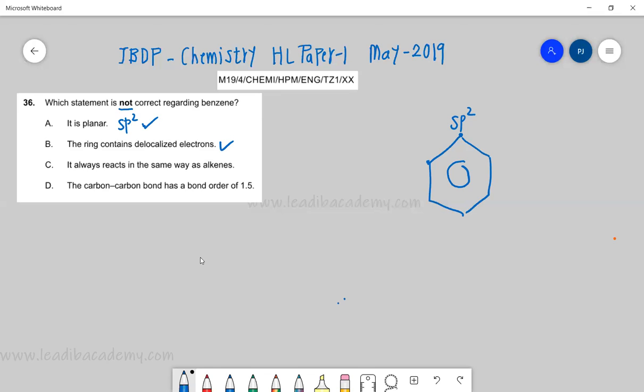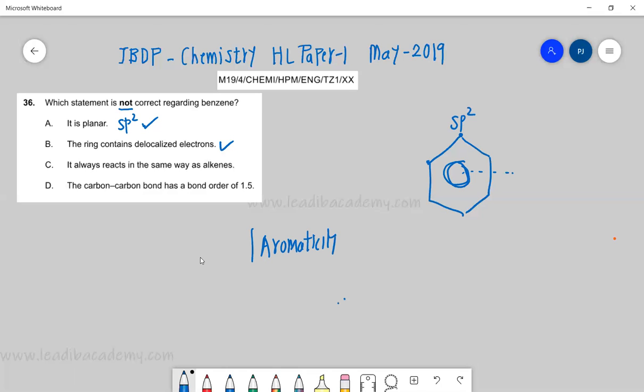It always reacts in the same way as alkenes? No chance. Benzene is extremely stable, the reason being this resonance, this delocalized electrons, which brings a lot of stability, and what we call aromaticity.